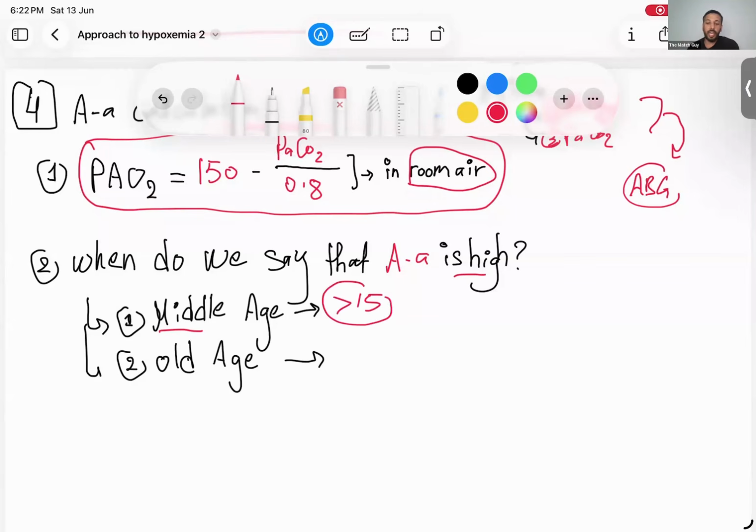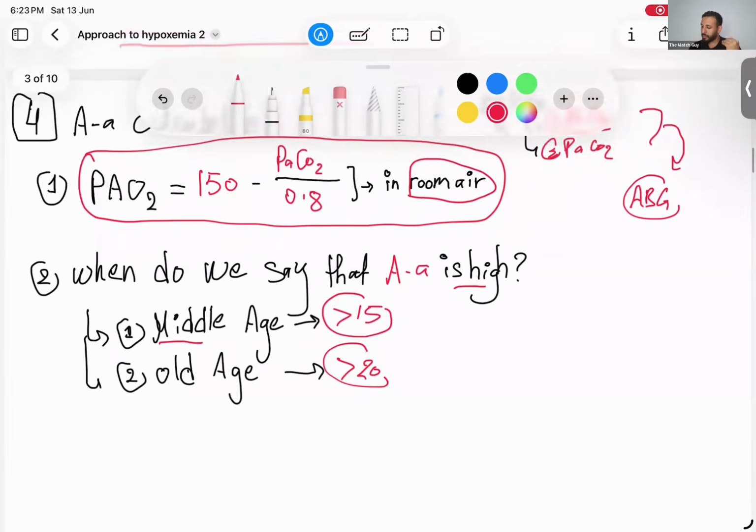If the patient is old, it's more than 20. There is an equation that puts the age in it, but it will take time and make it more complicated. If the patient has a condition that leads to a high AA gradient, it's going to be so high that you don't need an equation to know it. Just know approximate numbers. In middle age, more than 15. In old age, more than 20.